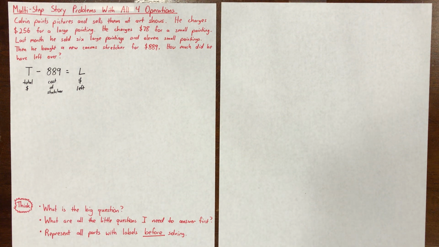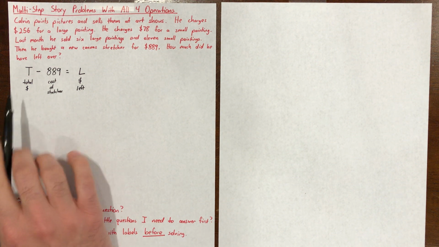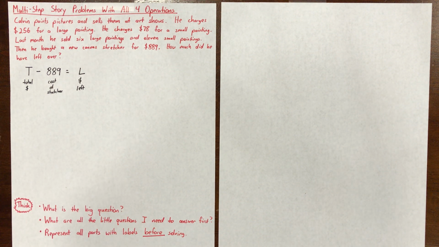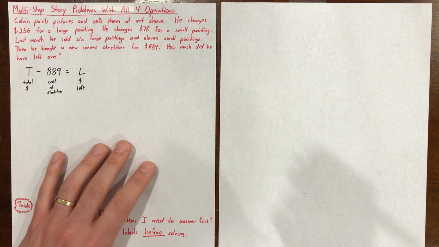Okay, great. And what's the little question that we have to answer first before we can actually answer that big question? Go ahead and say it out loud. Yeah, we gotta know how much money he has in total, right? Well, how would we represent that? Say it out loud. Sure, we have to represent the total as the amount that he earned from selling his large paintings plus the amount that he earned from selling his small paintings.